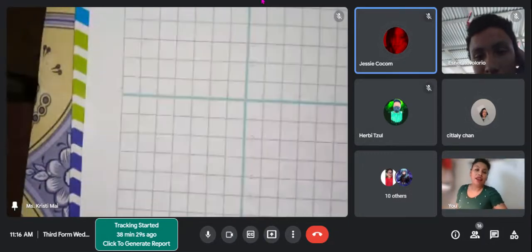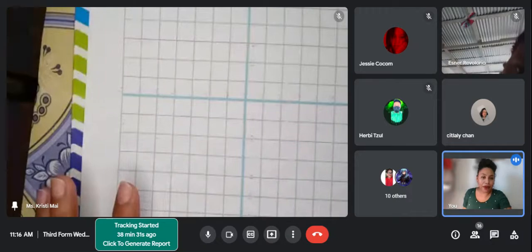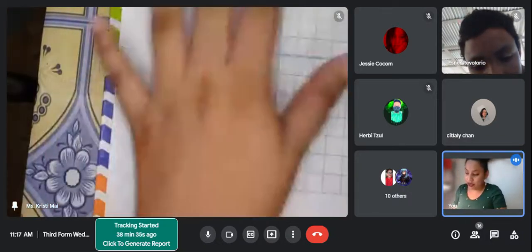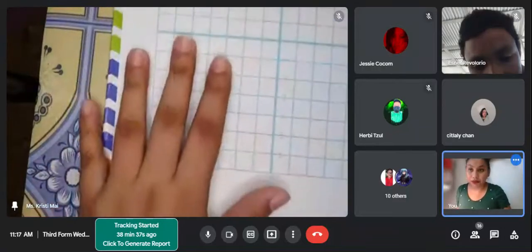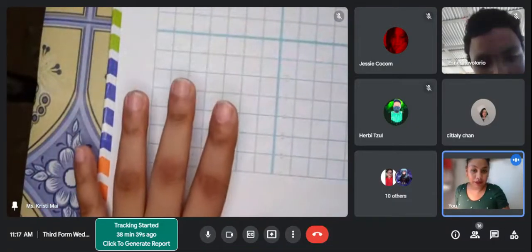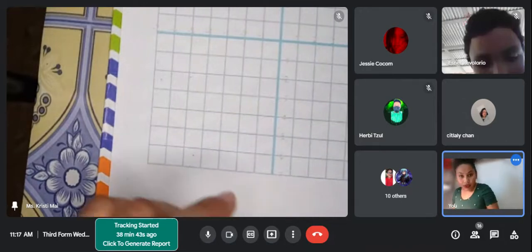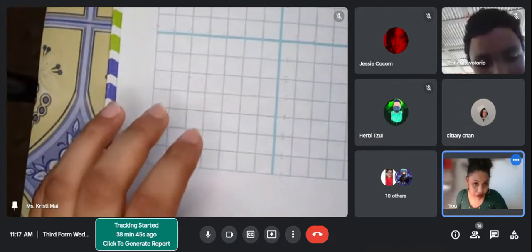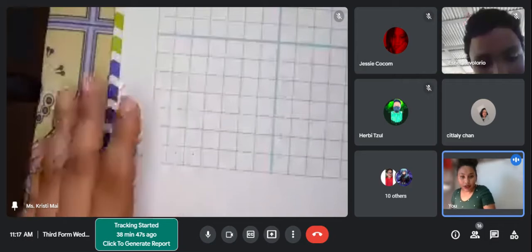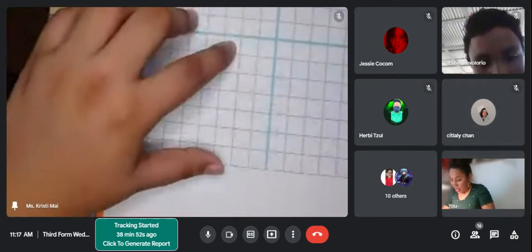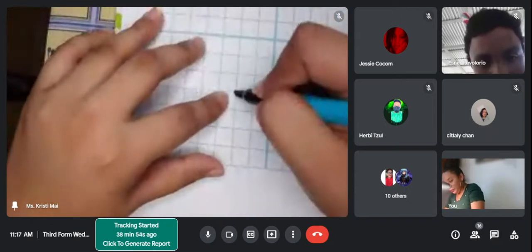Okay, so let's move to number 4, right? Number 4 has a triangle that is in the third quadrant right here. This one. So let's go ahead and plot the points. It has H being -2, -3.